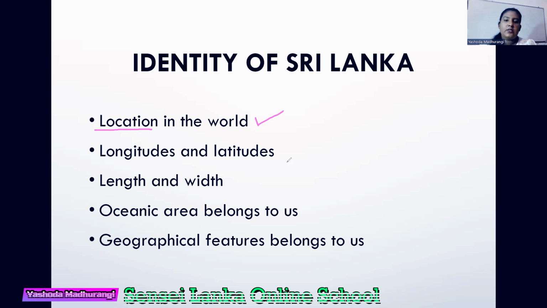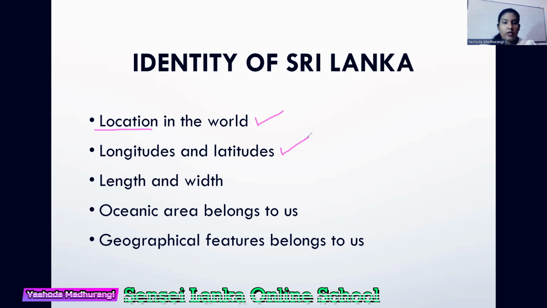Then the longitudes and latitudes. It is a little bit longer lesson. Longitudes and latitudes, we learned it. We learned the longitudes and the latitudes in my earlier lesson, in unit number 1.